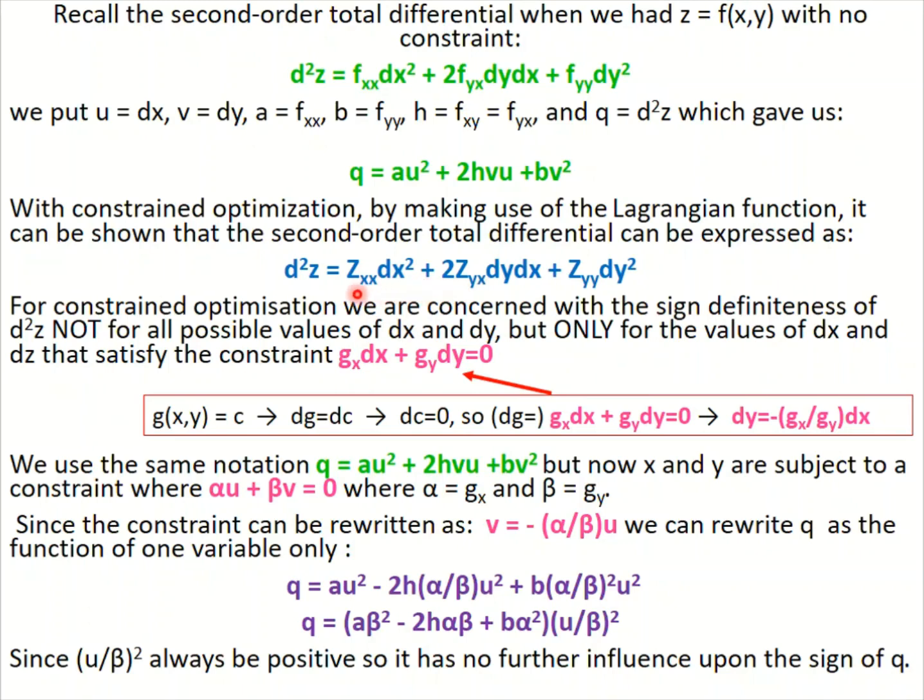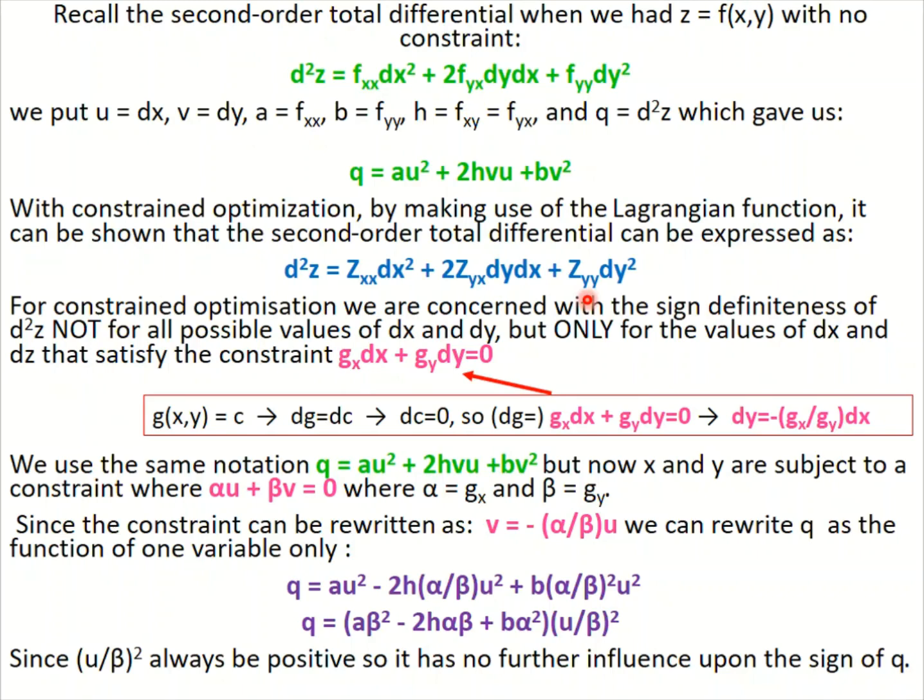Zxx, zyx, zyy, these are the second derivatives which we can calculate by partially differentiating the derivatives which make up the first order condition. And we'll get to an example of this shortly.